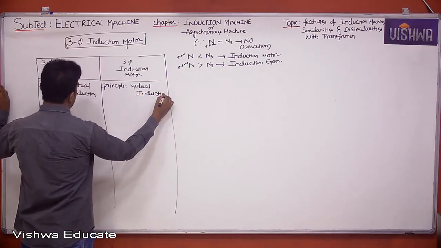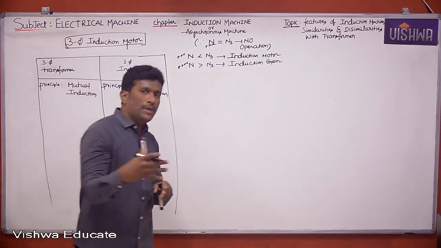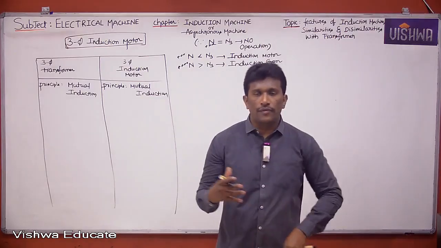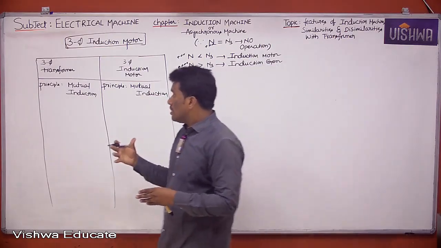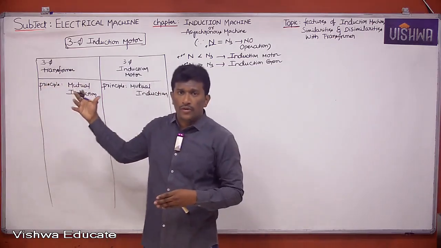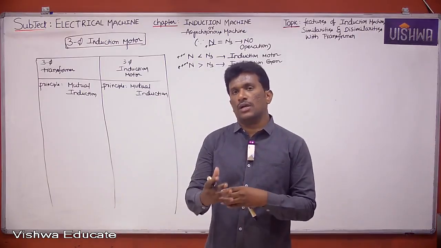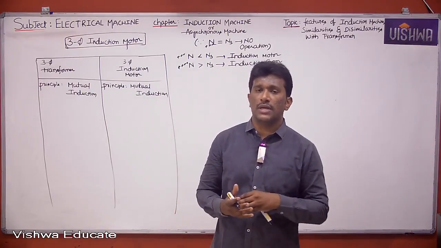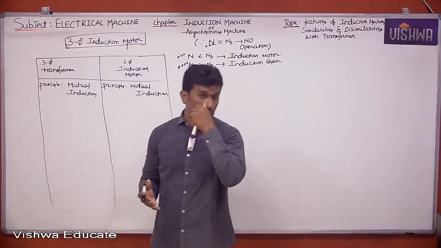Just listen carefully. In a transformer, if you give supply to the primary winding, because of time varying current, time varying flux is produced. The flux links with the primary winding, and EMF is induced there. The same flux will go from primary to secondary through the transformer core.